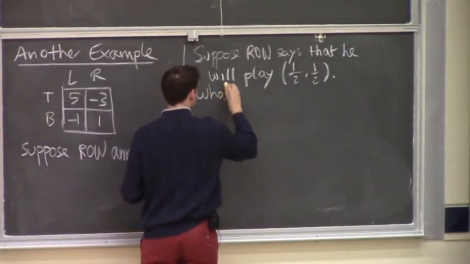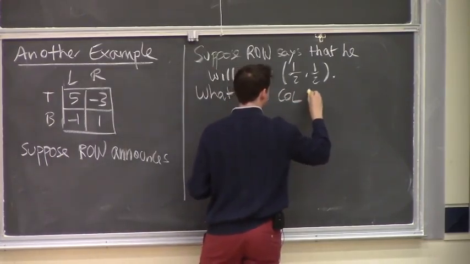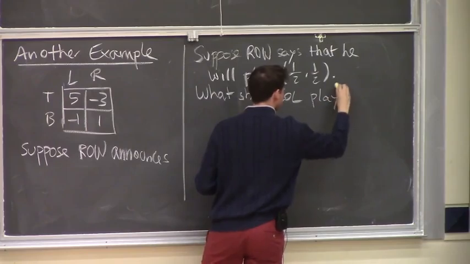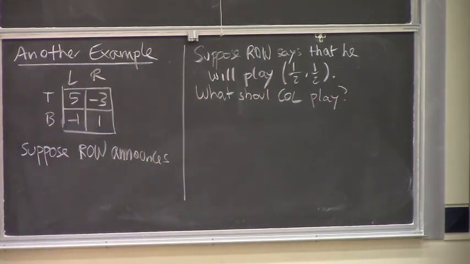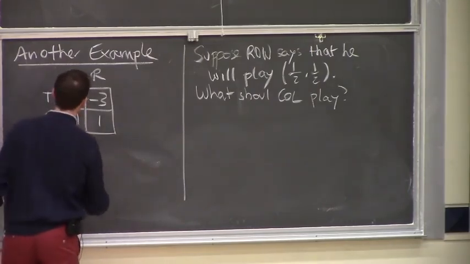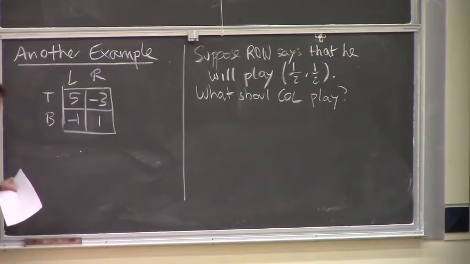What should column play? Let's just say that the row player doesn't want to be strategic today. He just says, look, column player, I'm going to play half and half on top and bottom. What should the column player do?